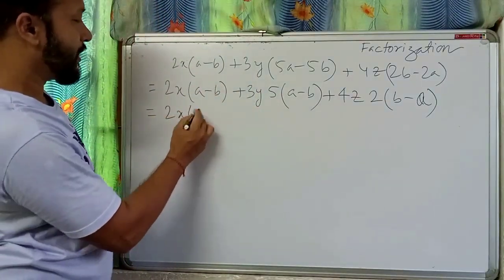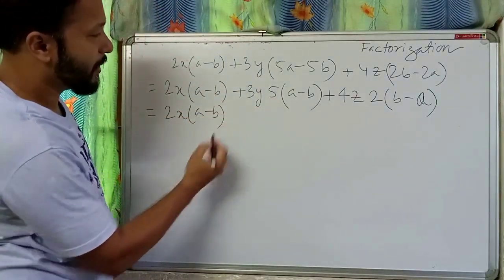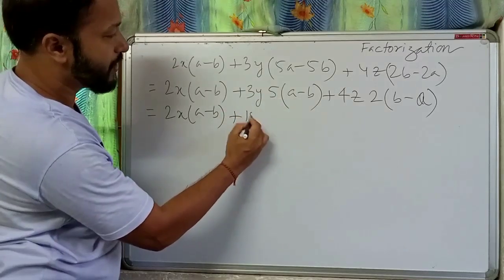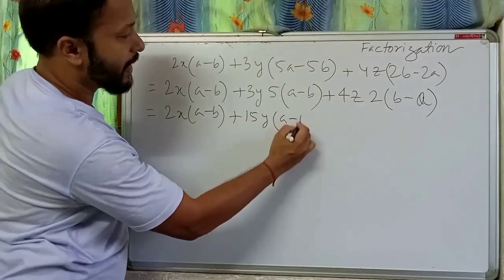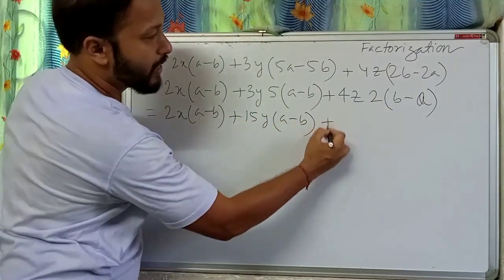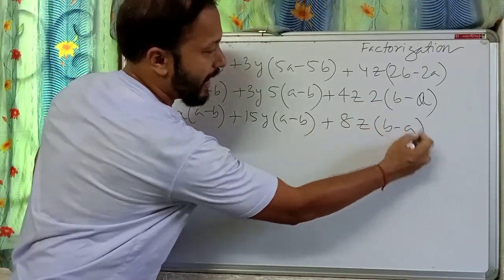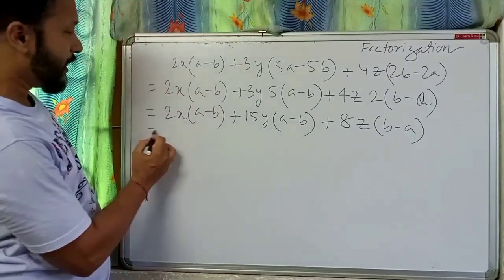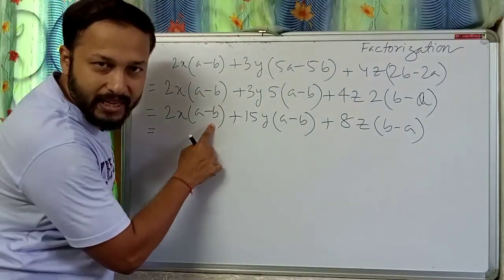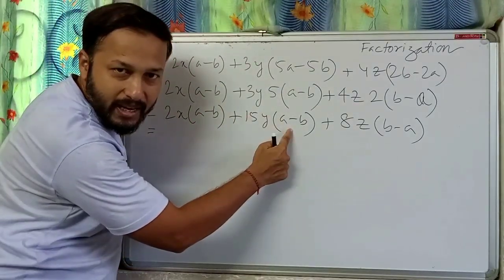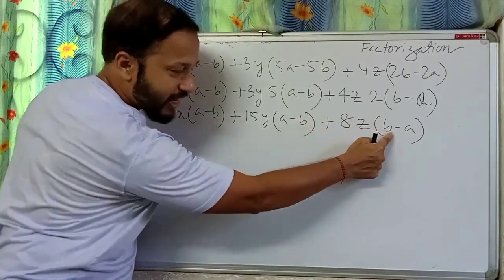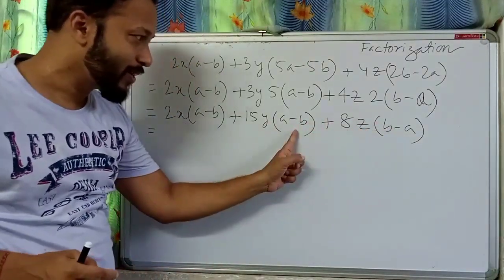So 2x(a - b) plus 3 times 5 is 15y(a - b), then plus 4 times 2 is 8z(b - a). Now see here, this is a - b, this is a - b, and this is b - a. They are not the same.